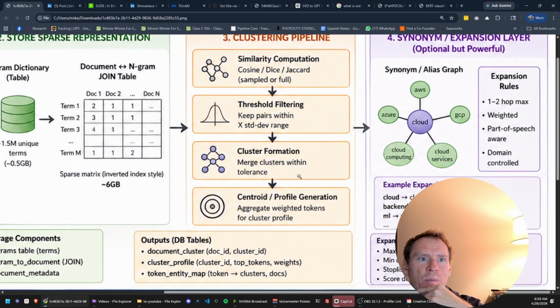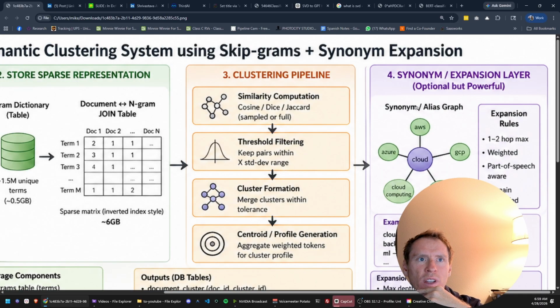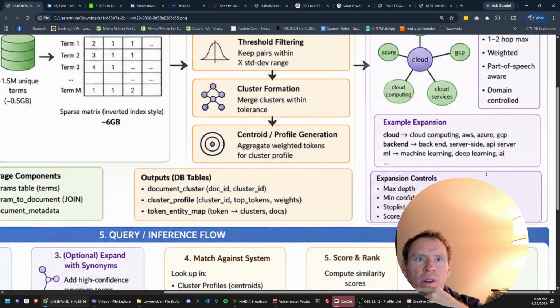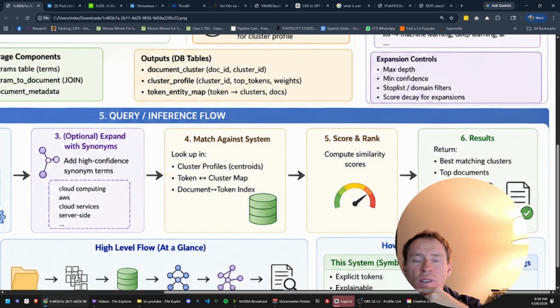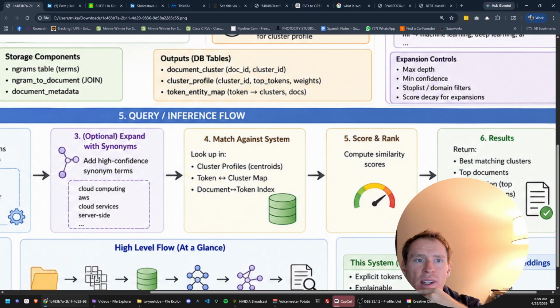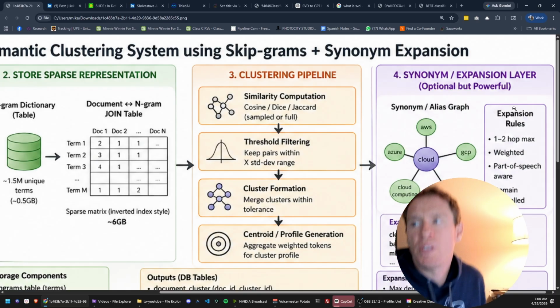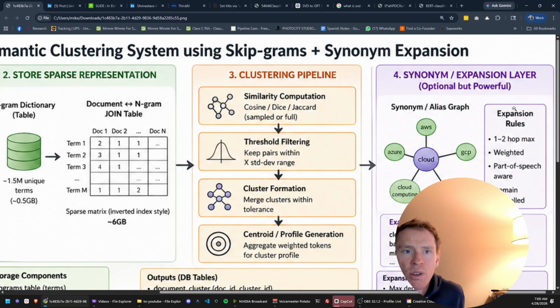The main issue is the synonym expansion layer, because you're going to quickly blow out your database, meaning you're going to have a huge amount of storage on not a lot of data, and you're not doing compression, meaning you're not pulling away data. And I don't have it fully researched whether you actually need all of the original verbosity in order to continue training. The answer is that you might.